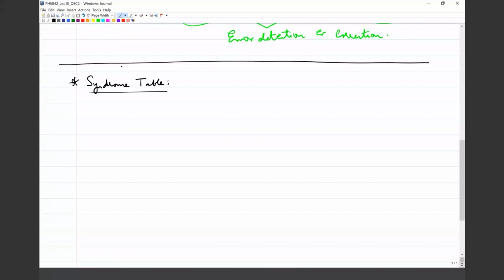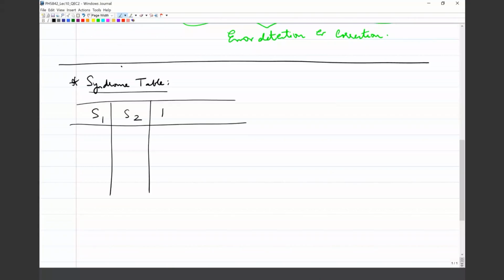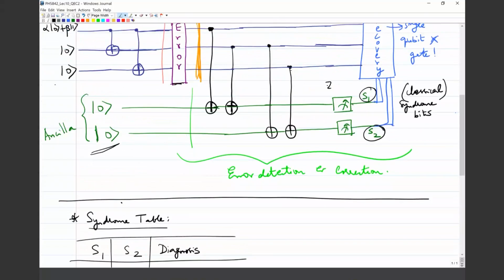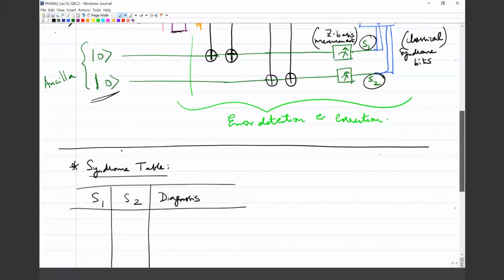So you have S1 and S2. And based on this pair of values, you have the diagnosis. Of course, I should mention that these measurements are Z basis measurements, right? So you're measuring in the standard 0, 1 basis.